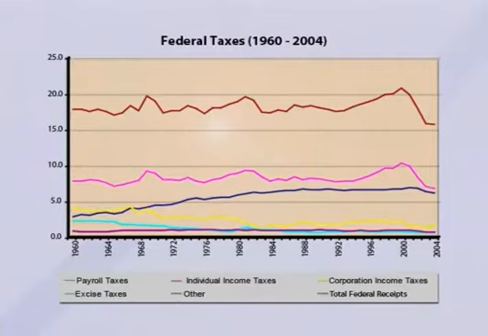So, just to sum up this big swing, federal taxes as a share of GDP went from a historical high, a post-World War II high in 2000, to a post-1960 low in just 3 years. Federal taxes dropped by 4.5% of GDP in 3 years.